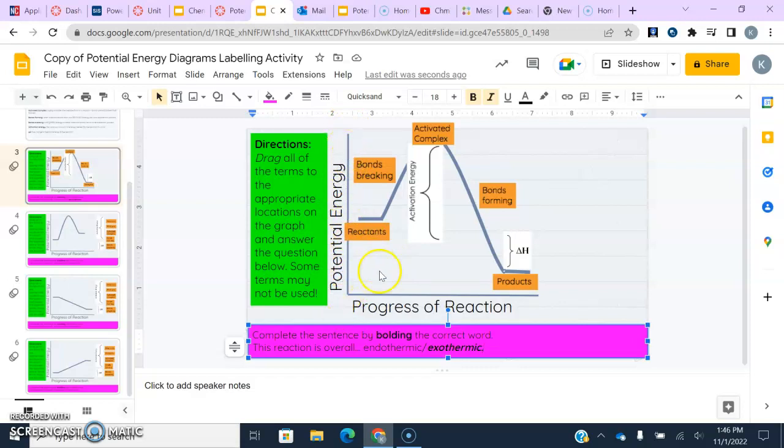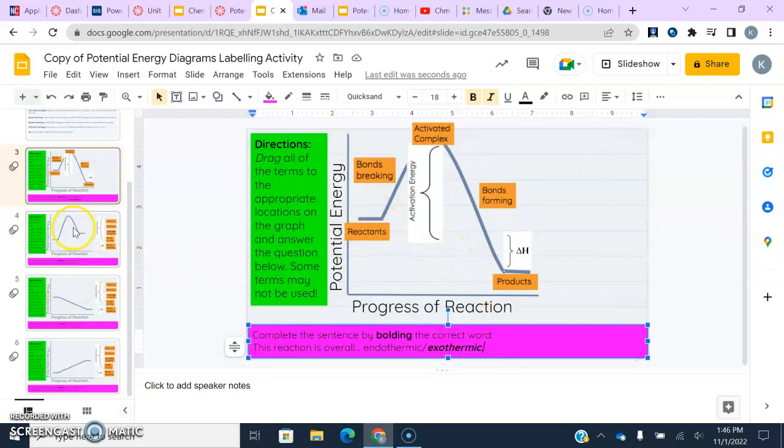If our y-axis was 0 to 10, our products would be around a 2, and our reactants would be around a 5. So 2 minus 5 would be negative 3. That's a negative value. Yeah, our delta H is negative, so this is exothermic. Okay, so you can check yourself that way, or you can just look at the position on the diagram.